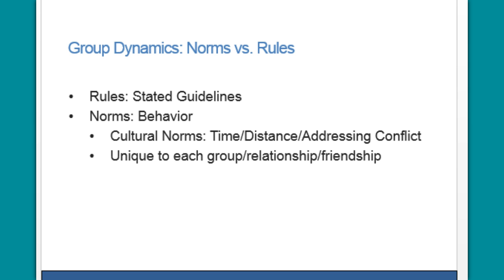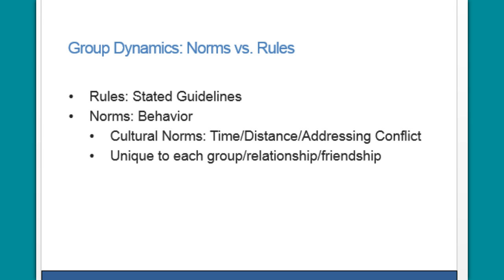Now, as far as group dynamics go, one critical thing to understand is what is the distinction between a norm and a rule. A rule is a stated guideline. So for example, for a class like this, the syllabus provides stated guidelines about how the class should be conducted. A norm would be based on behavior.